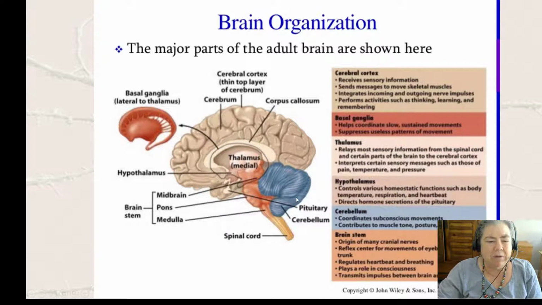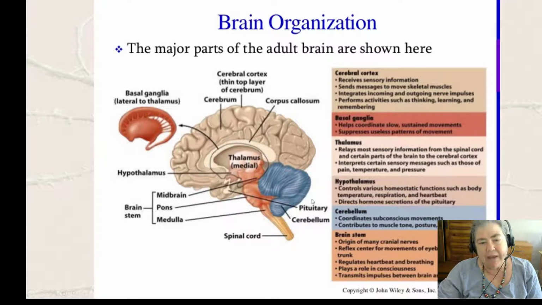So when you learn to play the piano, for instance, and you develop muscle memory, a lot of that is happening here in the cerebellum. It's also really important for balance and posture and maintaining tone. Our skeletal muscles are under voluntary control, but there's a lot going on with our skeletal muscles that keep us from just melting into a puddle when we are not voluntarily controlling them, and that happens in the cerebellum.